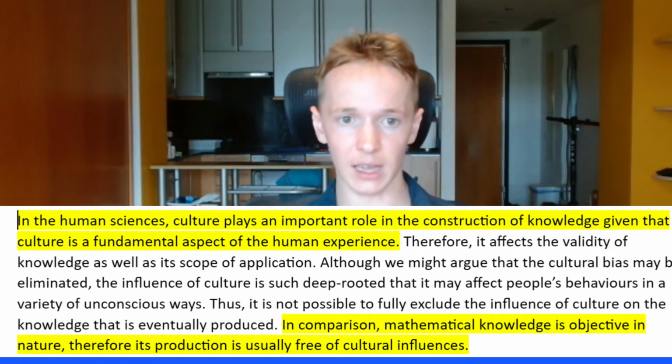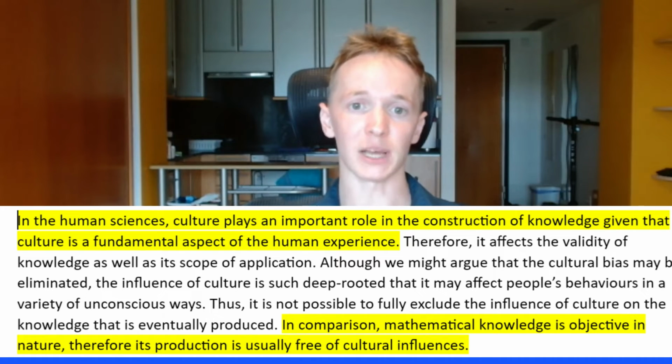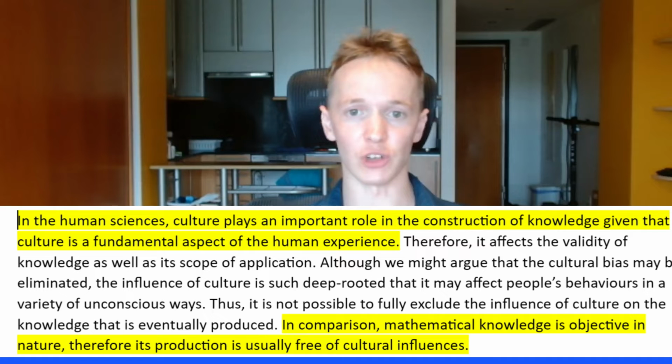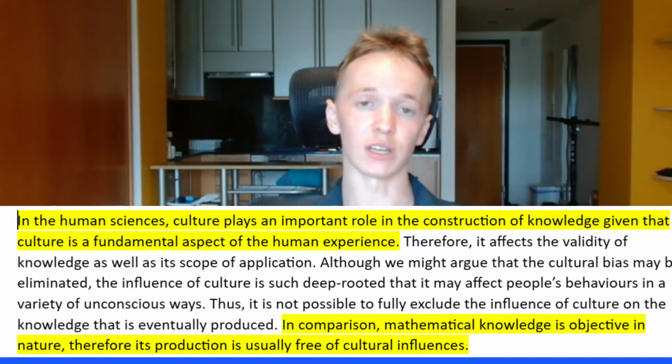They go on to say, in comparison, mathematical knowledge is more objective in nature, therefore its production is usually free from cultural influence. So basically what you need to do is show the overlaps and differences between the AOKs both in terms of their general nature and through the lens of the title question. That being said, try to avoid using the same claim and counterclaim for each AOK because you don't want your essay to come across as repetitive.